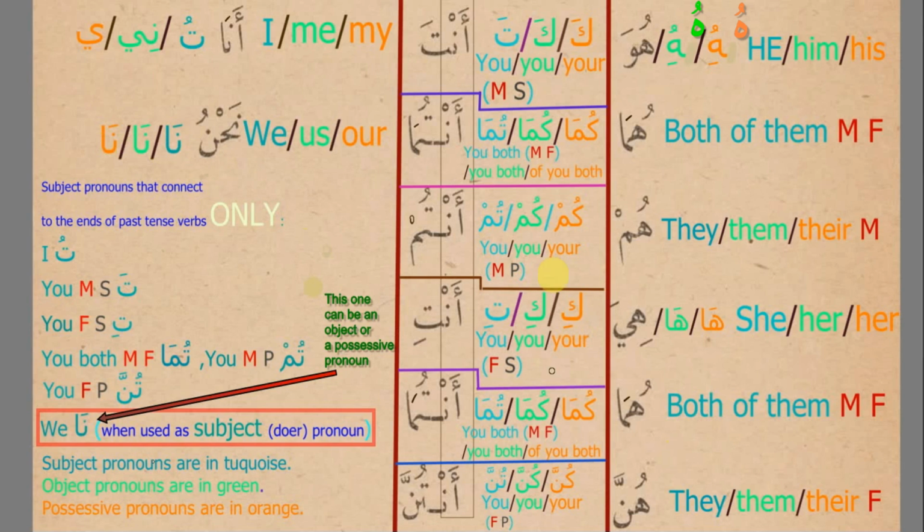For today's grammar example, we will look at the object pronouns only, so concentrate on these in the green color.